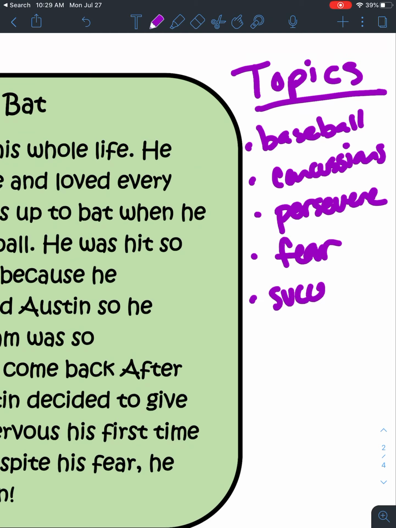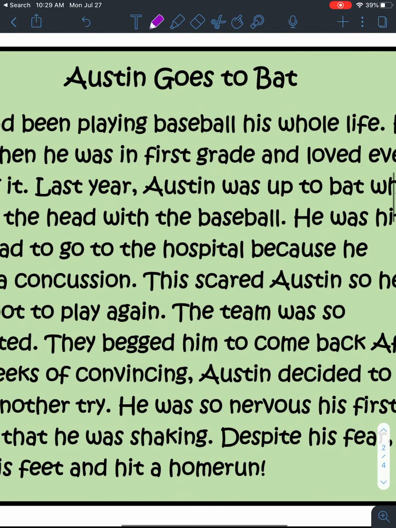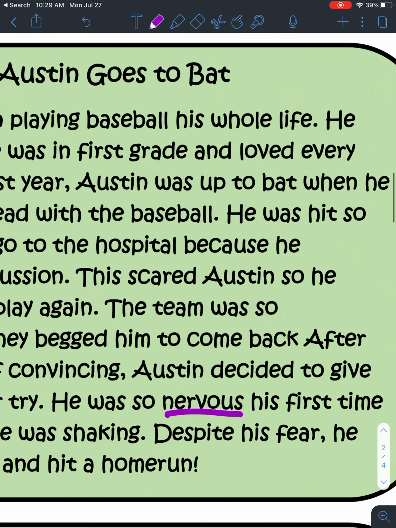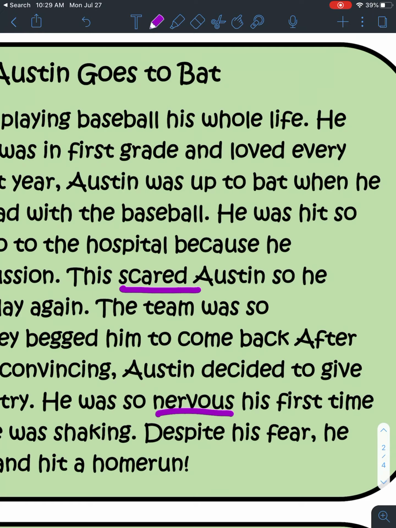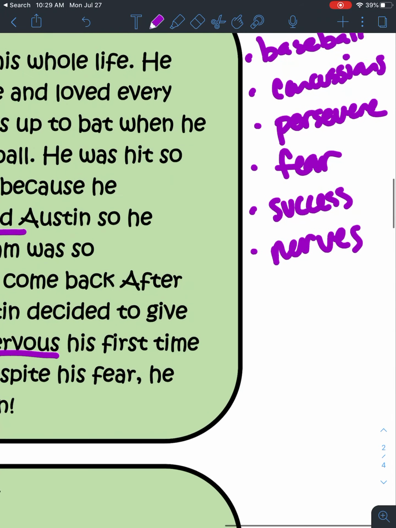It's about the idea of success. They even mention the word here, nervousness. They mentioned words like scared. So we can say here nerves. So those are just topics, things that this story deals with.